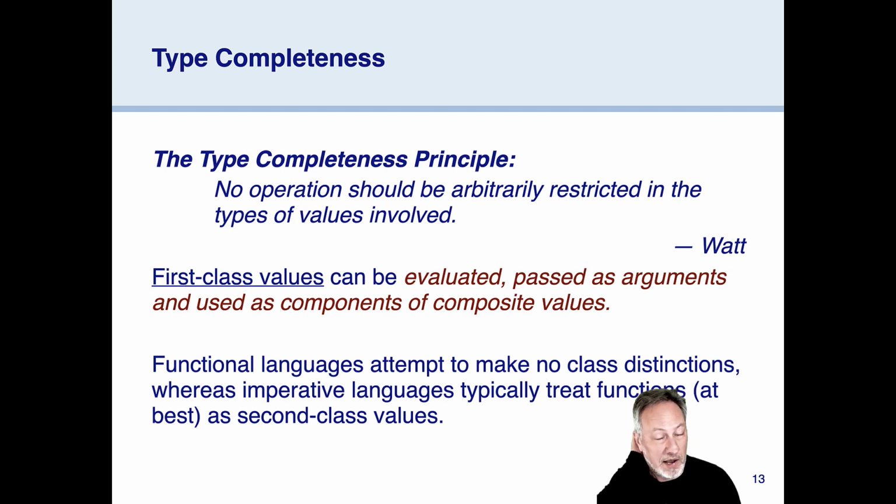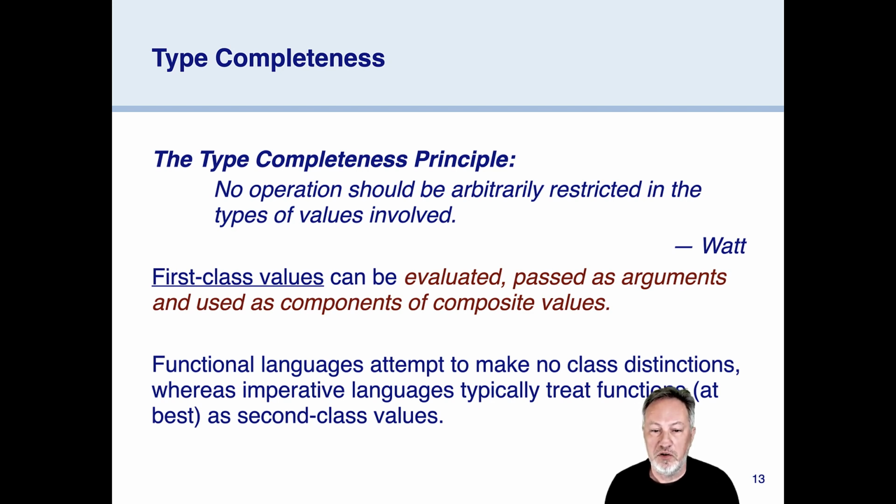We cannot actually modify it or create a class at runtime in a straightforward way. Furthermore, there are other kinds of things like a statement or an expression is not a first-class value that you can pass around, nor is a package. But the type completeness principle says that one design principle for your language that you might want to attain is to have as few second-class values as possible and as many first-class values.